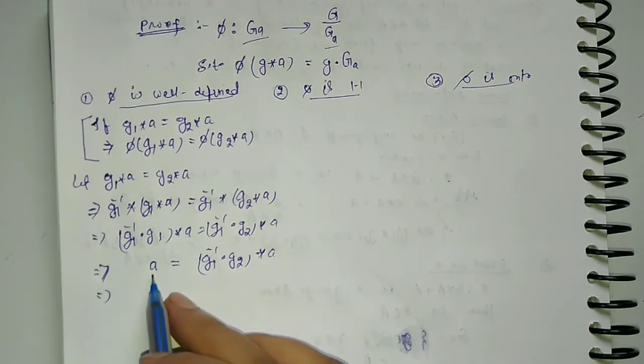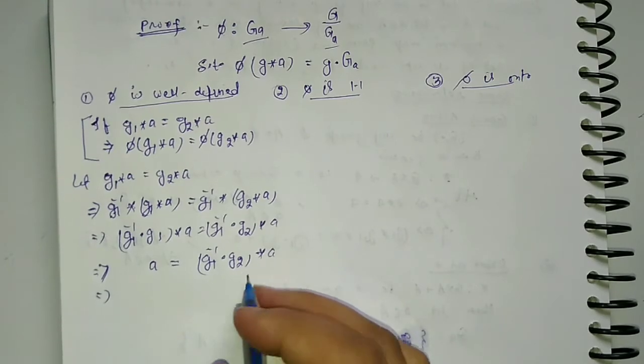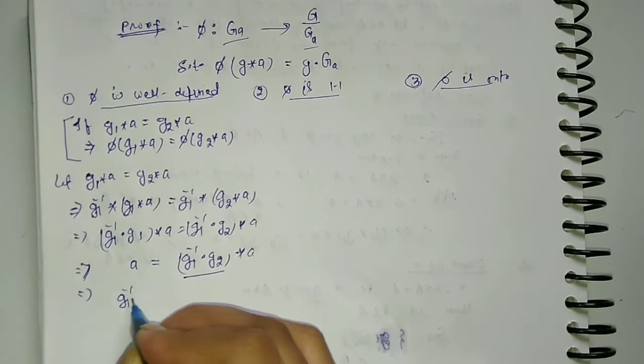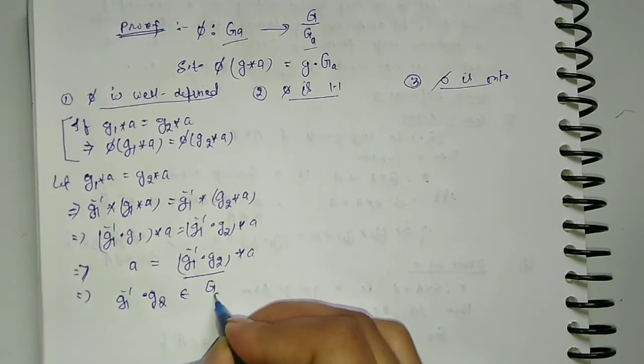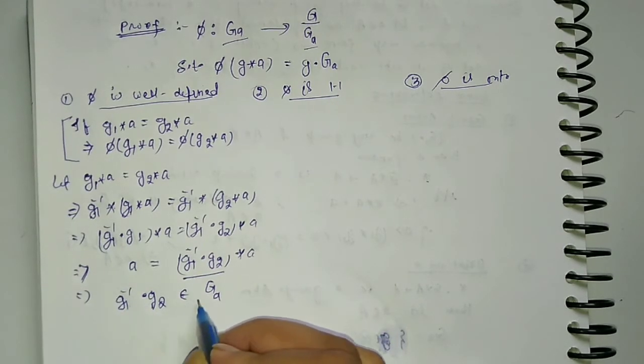So here a is equal to g1 inverse dot g2 star a. So we can clearly imply that this element, g1 inverse dot g2, will belong to the stabilizer of a. This comes from the definition of stabilizer of a.